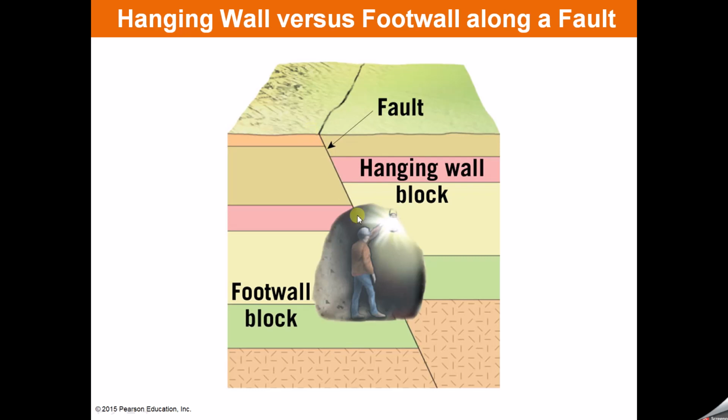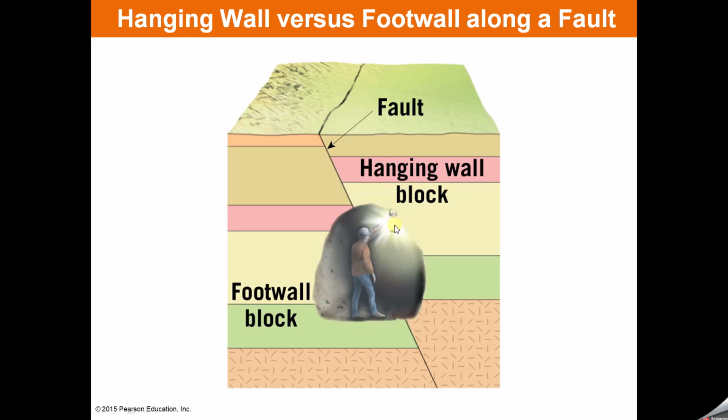So as we said, we have dip and strike for any fault. If the movement goes up and down along the dip, we call it dip slip. If it happens along the strike, we call it strike slip. So let's look at this. This is a dip slip fault. If you have a tunnel here along the fault line, where your foot is, this is what we call the foot wall.